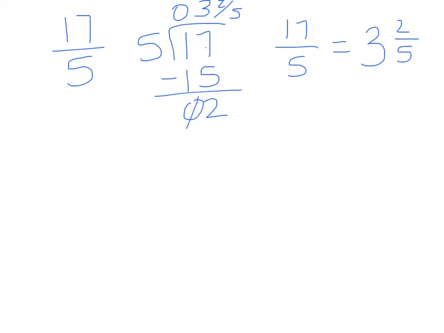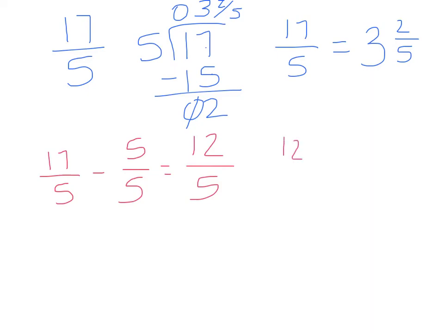To look at it with repeated subtraction, I can have 17/5. Now to subtract, I need to have my denominator the same, and I need to be subtracting a fraction that is equivalent to 1 whole. In order for it to be equivalent to 1 whole, my numerator needs to be the same as the denominator. Since my denominator is 5, my numerator has to also be 5. 17 minus 5 is 12/5. That's still an improper fraction, so I need to keep going. So I've got 12/5 minus 5/5. 12 minus 5 is 7/5.